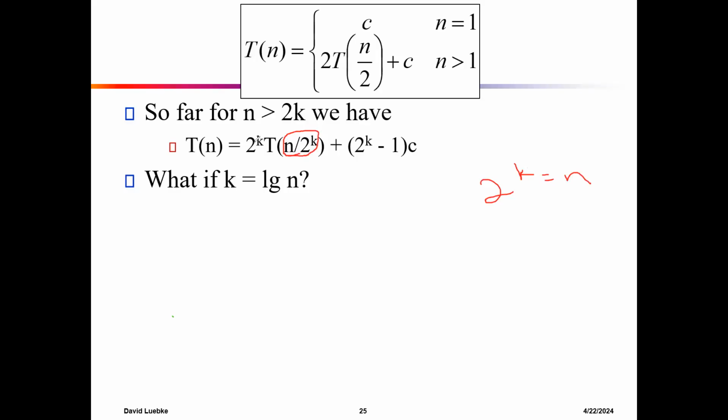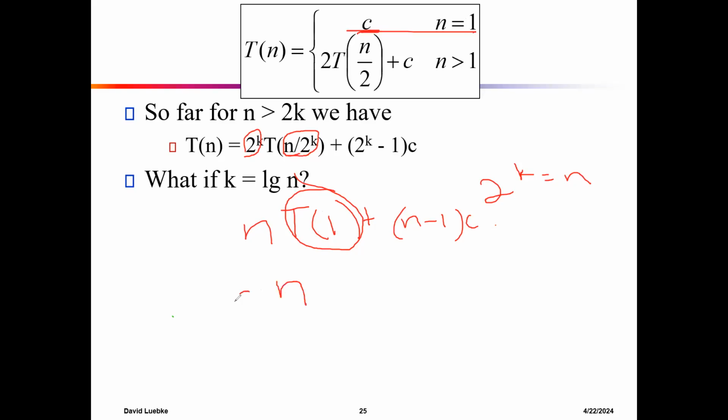So this will give us n times t of n over 2 to the k, n divided by itself will be 1, plus n minus 1 times c. But t of 1, look at it here, the running time for 1 is c. So this will be n times c, which is cn.